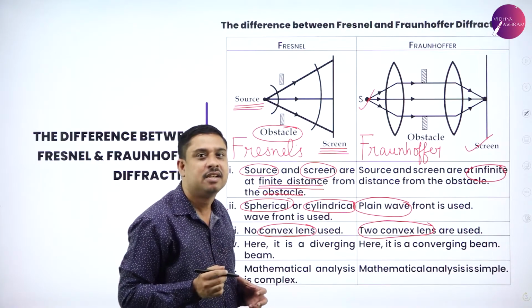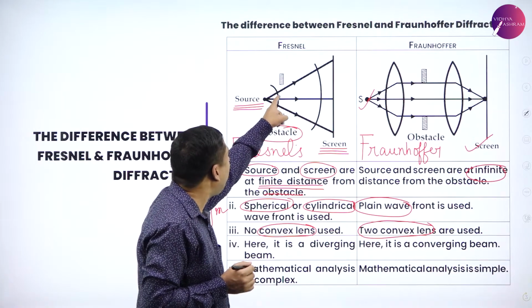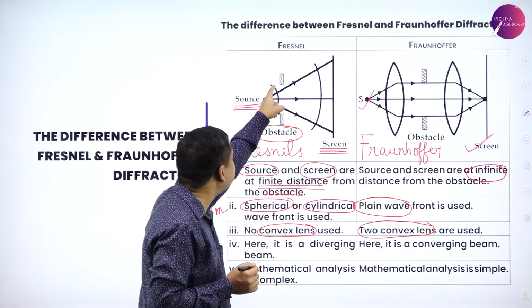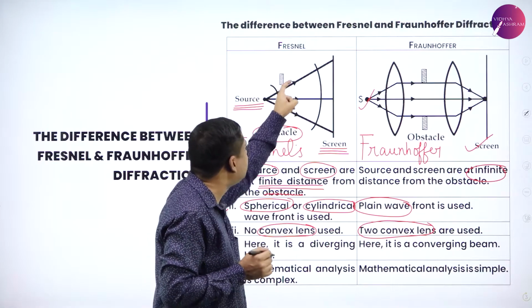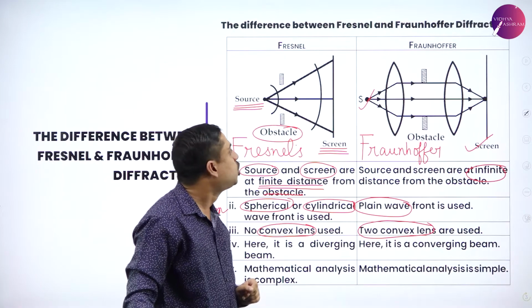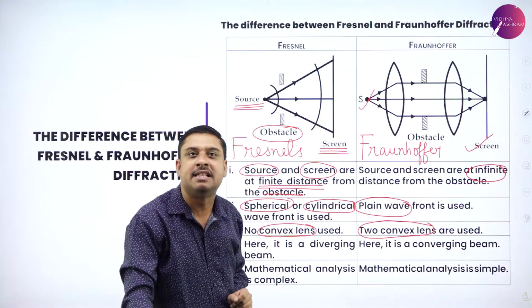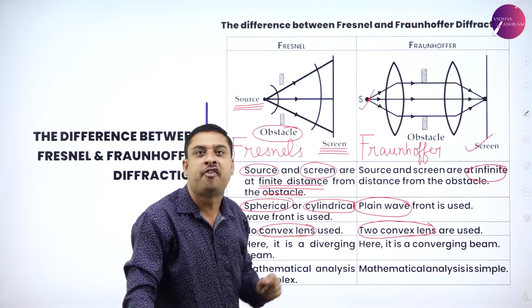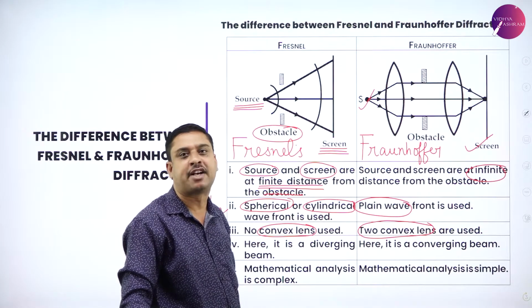Converging lens. So no convex lens in the case of Fresnel's diffraction, 2 convex lens in the case of Fraunhofer diffraction.